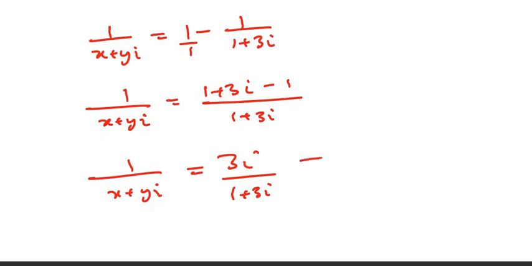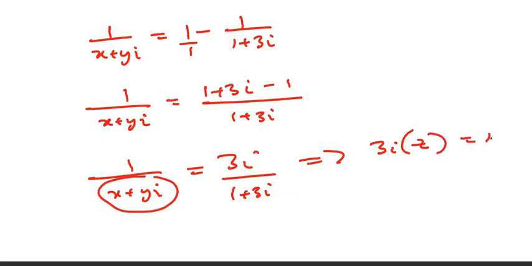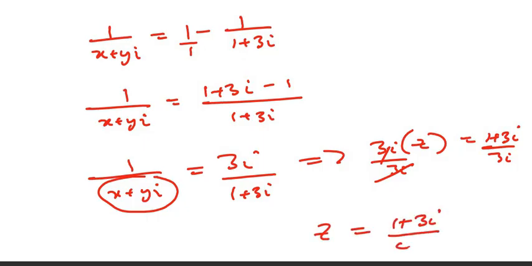When you cross multiply, this will just give you 3I Z. I'm putting Z because this guy here down is the same as Z, is equal to 1 plus 3I. Then I'm going to divide by 3I on both sides. So Z is simply 1 plus 3I over 0 plus 3I, because it's just 3I, right?